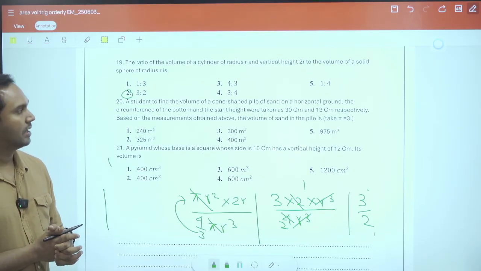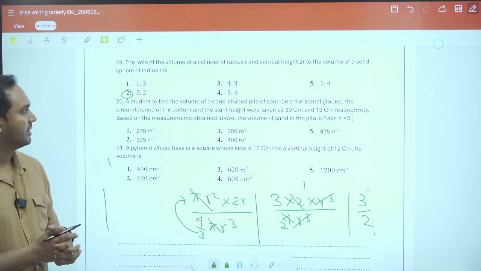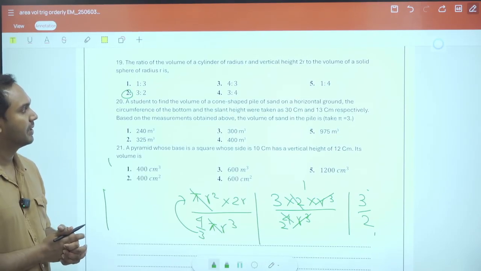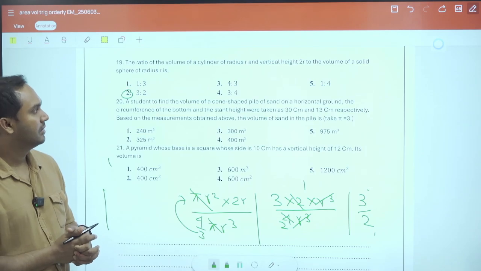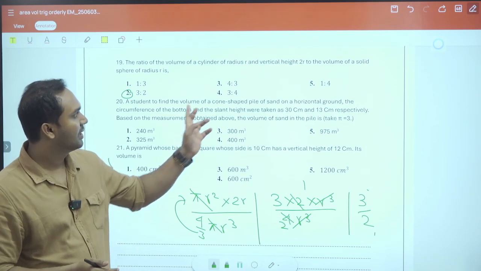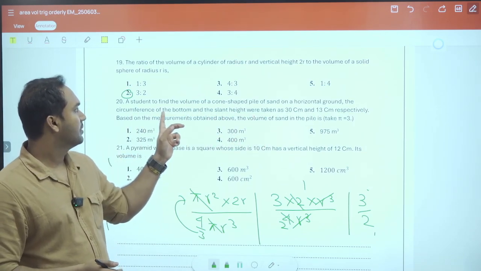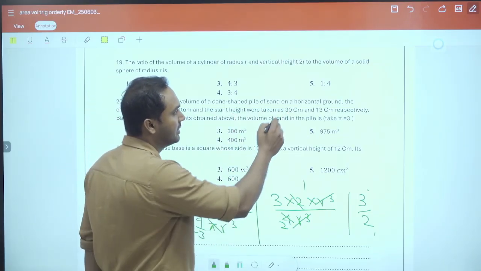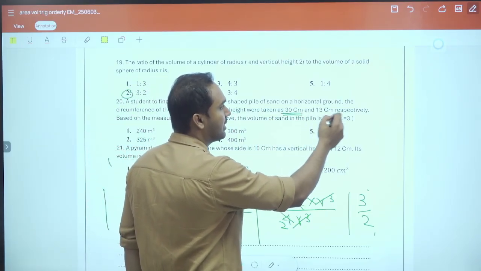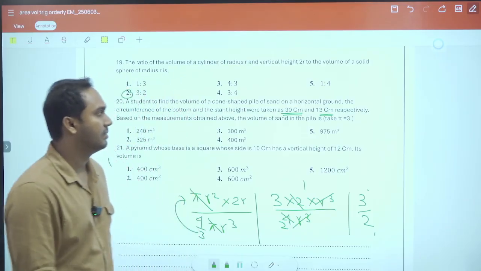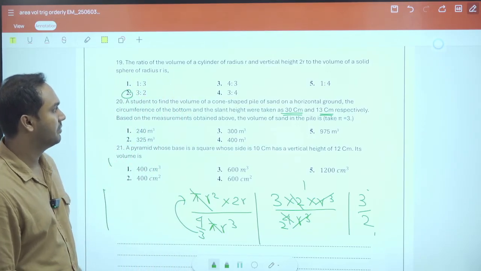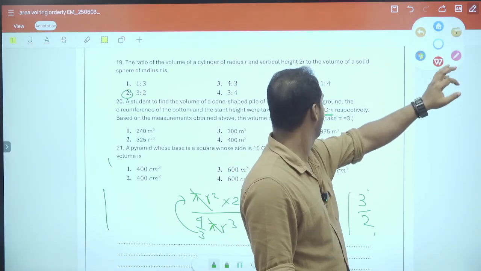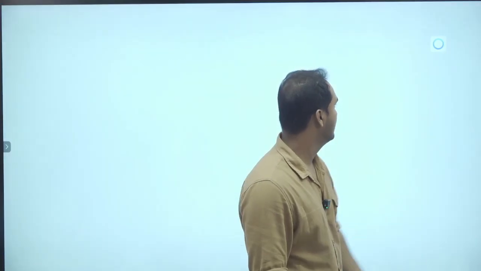So you have to find the volume of it, right? They are asking to find the volume of the sand pile. And what are the details given? The circumference of the bottom and the slant height. The circumference of the bottom is 30 centimeters, and the slant height is 13 centimeters.